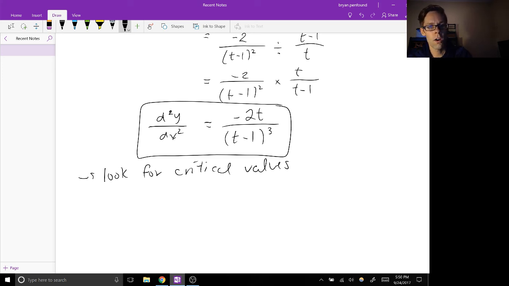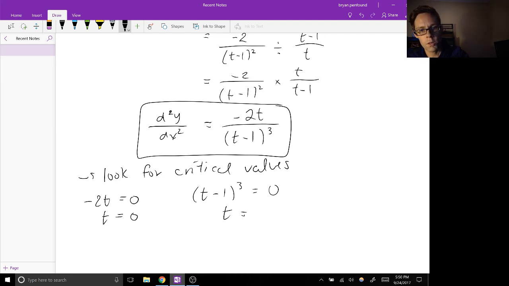So we look for where the numerator is equal to 0. That's going to be when t is equal to 0. And we're also going to be concerned where our second derivative is undefined. So that's where our denominator is equal to 0. And that's going to happen when t is equal to 1. So we have two critical points.